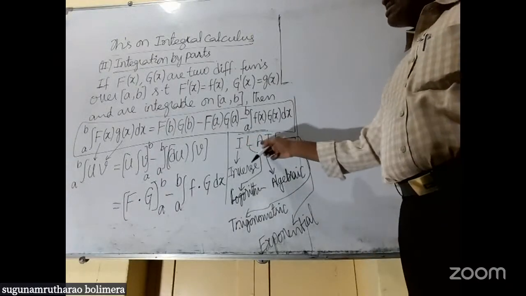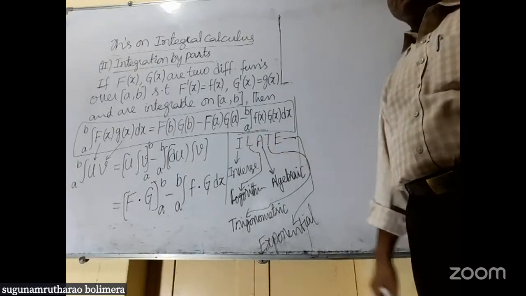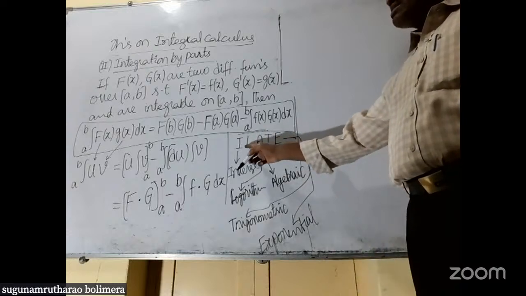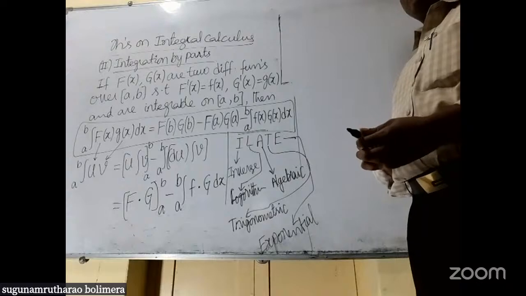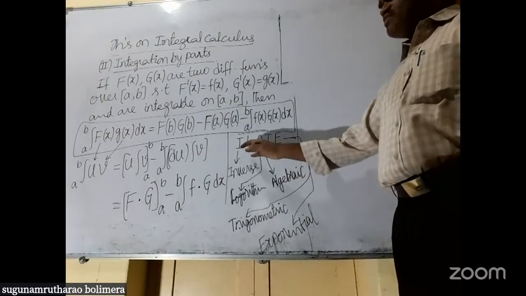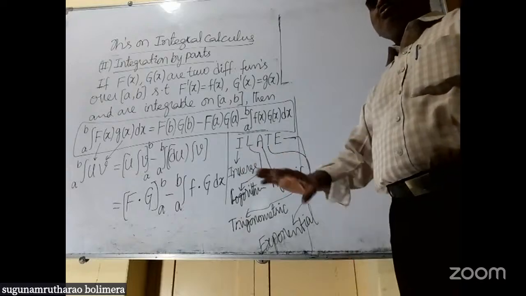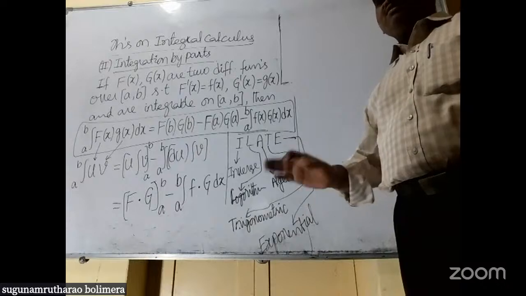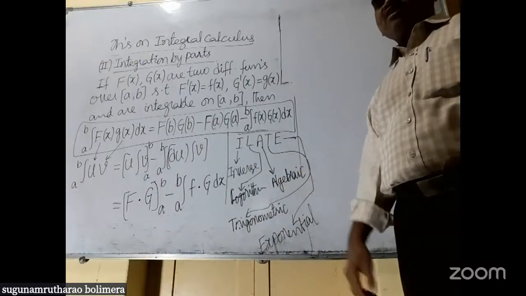So based on this order, whichever comes first, that is to be considered as U. Among the given functions, if an inverse function is given in the product, like x into sine inverse x, sine inverse is inverse, x is algebraic.